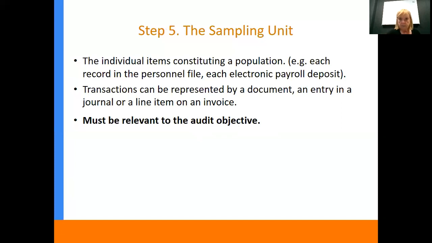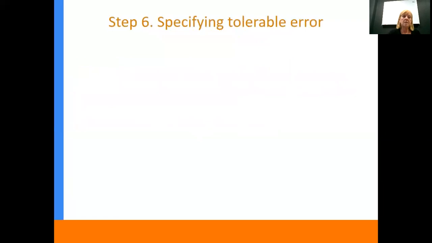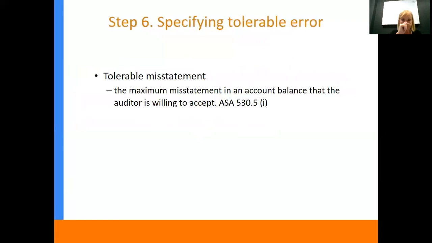Okay, so that's step 5. Step 6, we specify our tolerable error. Now, before you started to study auditing, you may have thought that financial statements have to be completely correct for an auditor to sign off on them. By now, you would be realising that that's not the case.